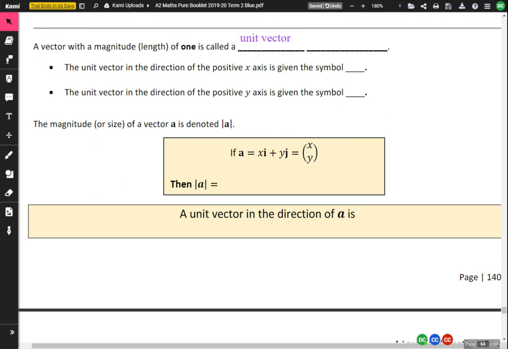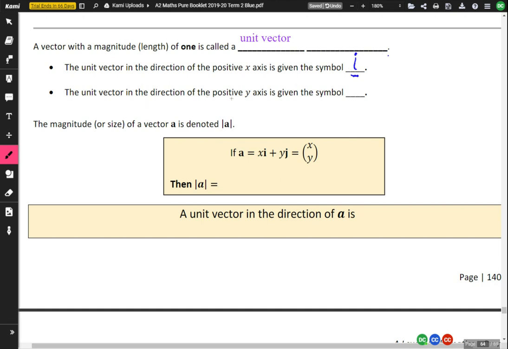The unit vector, so it's got a length of 1, in the direction of the positive x-axis, we give that the symbol lowercase i. And if you're typing it, you make it bold. If you're writing it by hand, you underline it to show that it's a vector.